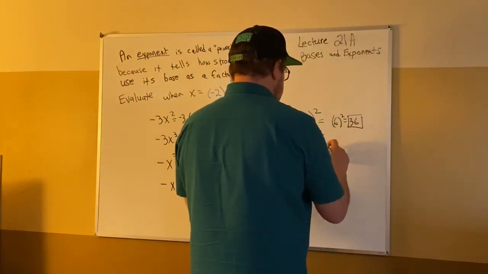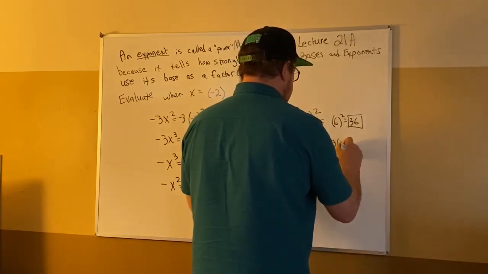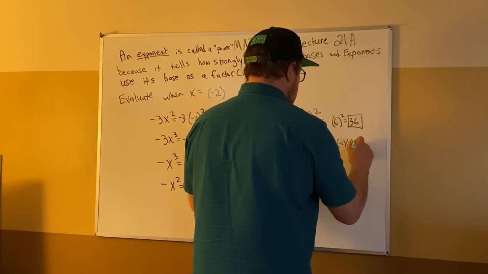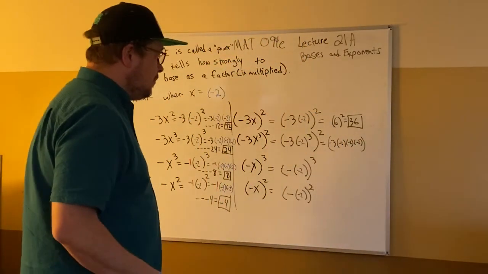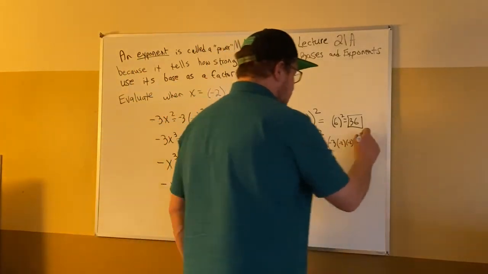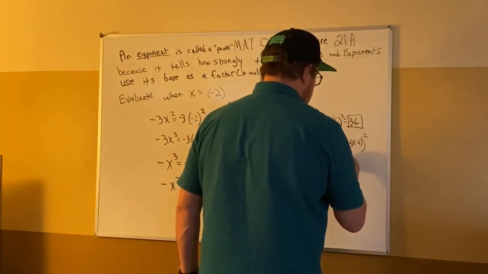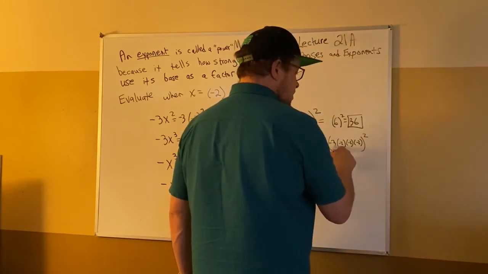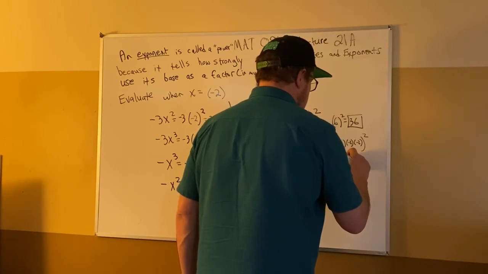This one is -3 inside each parenthesis, and then we get -2 times -2 times -2. And that's still squared. 1, 2, 3, 4 parentheses, or 4 dashes in front of 6 times 2 for 12, times 2 for 24.